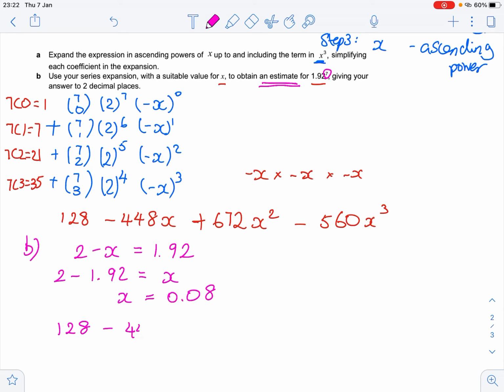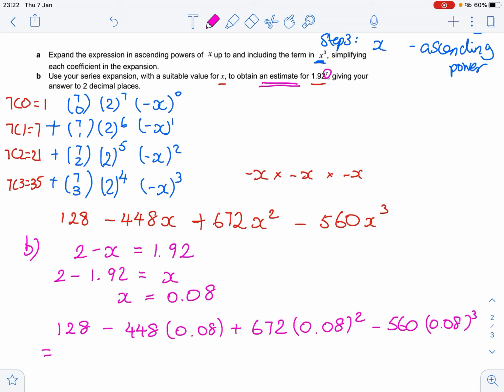So I have 128 minus 448 times x, where x is 0.08, plus 672 times 0.08 squared minus 560 times 0.08 cubed.